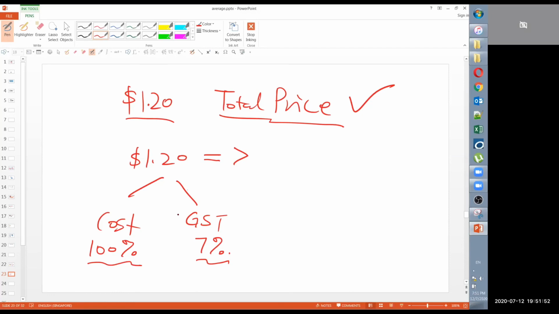You can look at the diagram. How do you find total? 100 is 100. No, I'm asking you, what is the total percentage now?